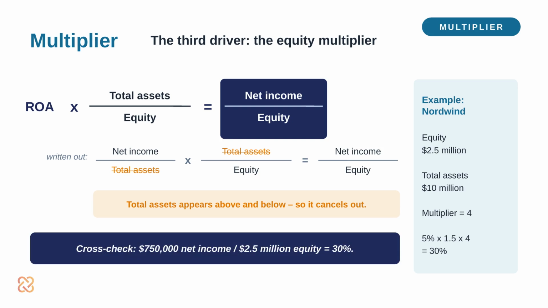The cross-check works as before. 750,000 divided by 2.5 million gives 30%. The multiplier shows how large the assets are relative to equity and so reflects the company's financial leverage. The picture is this. Nordwind has a return on assets of 7.5%, and applying a multiplier of 4 leads to a return on equity of 30%.